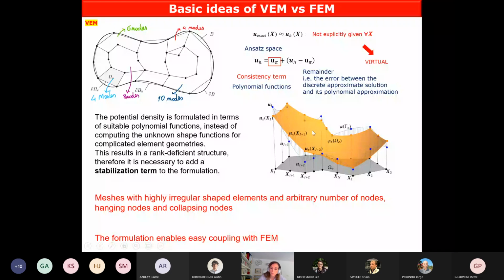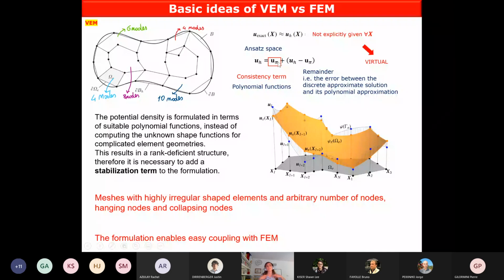So the orange contour plot is related to the UP, so to the polynomial space that is effectively defined all over the element, while the UH is explicitly known only along the boundary, while it is never evaluated within the element. And somehow we can account for these two parts. I will explain in the next slide.